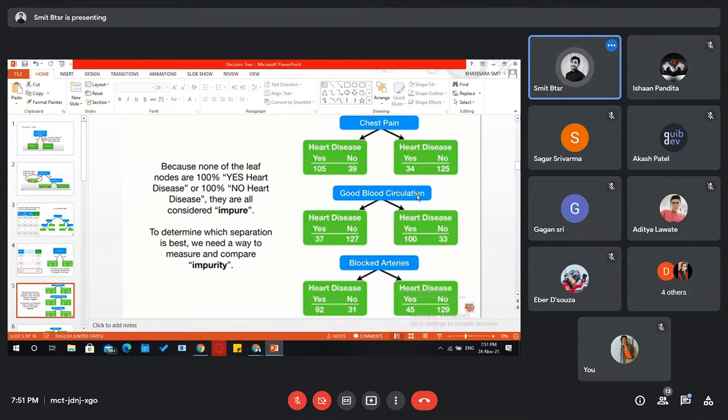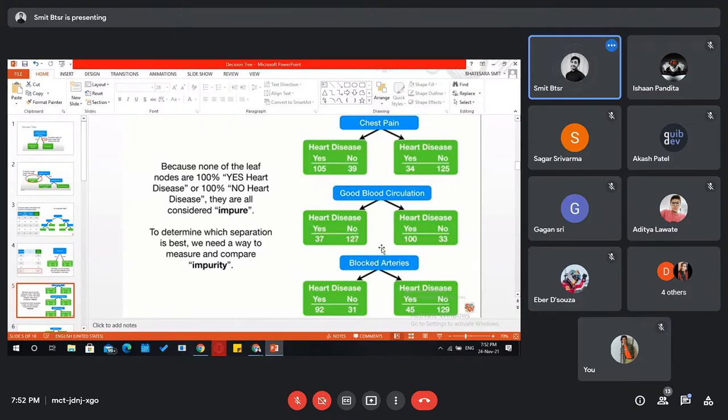So we need to find out which one is more important, which one is more related to heart disease. All 3 are related to heart disease, and we want to find which one is the most relatable to this heart disease.